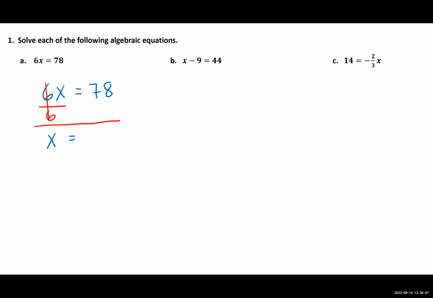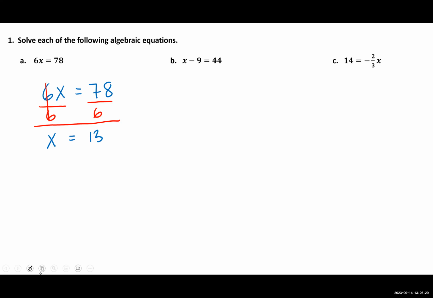All right, the only reason we're allowed to divide the left-hand side by 6 is because we do the same thing to the right. So if we divide the left by 6, we have to divide the right by 6. So on the right, we have 78 divided by 6, and that should give us 13.